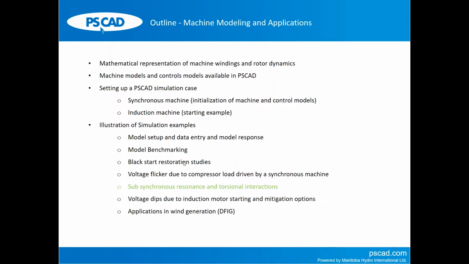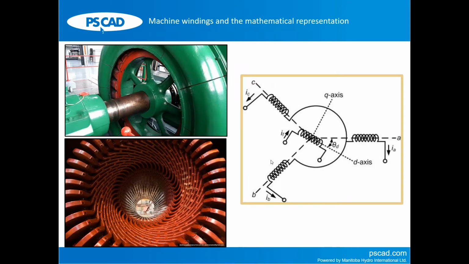So we will start with a little bit of a mathematical discussion on how the synchronous machine is represented in EMT-type programs. What you see on the left-hand side are pictures of a synchronous machine. You can see the windings, a complicated arrangement of coils or windings, both inside the stator and in the rotor.